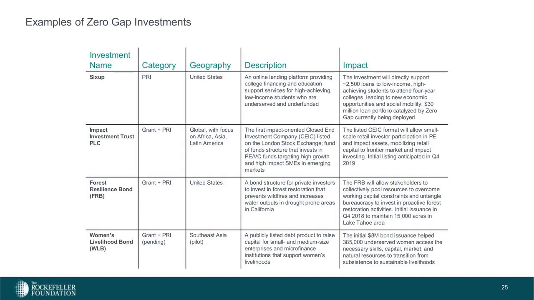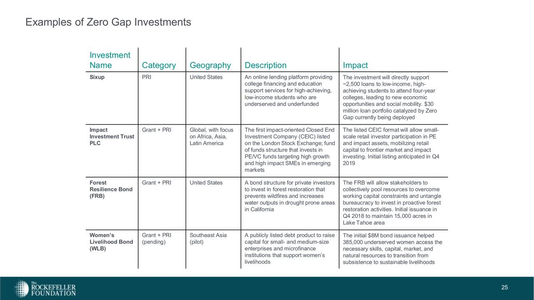Before I turn it over to Veronica for the more exciting stuff on the impact measurement side, I want to give you a sense of some of the investments we've done out of both the grant and PRI portfolios within Zero Gap.